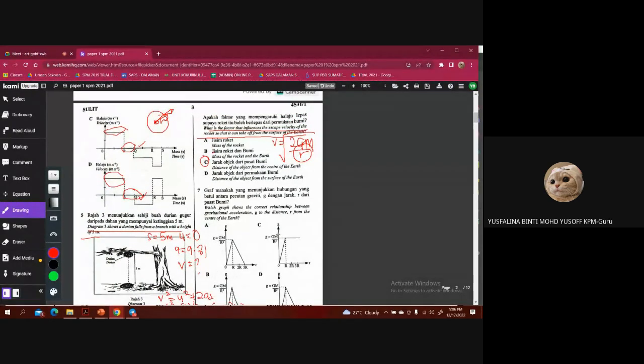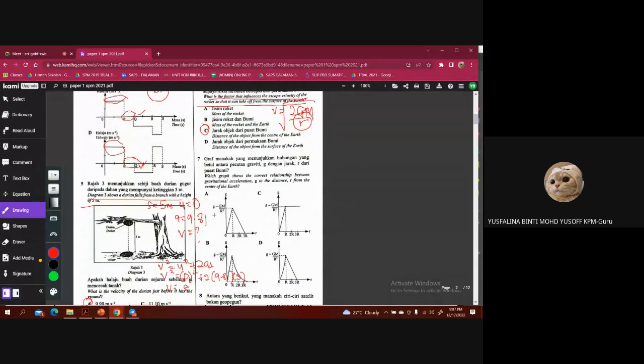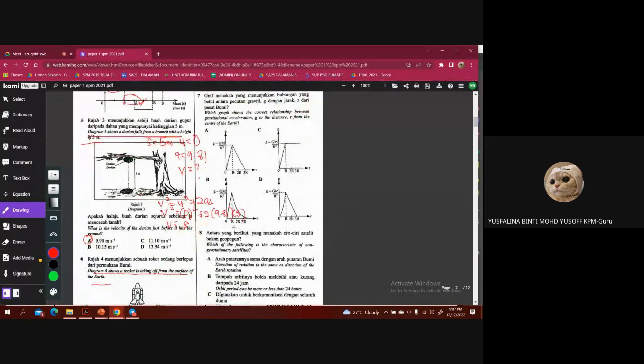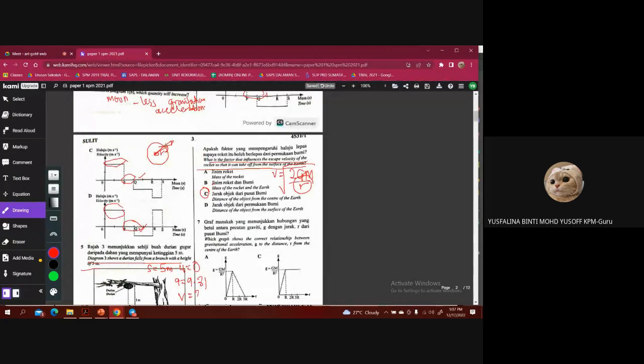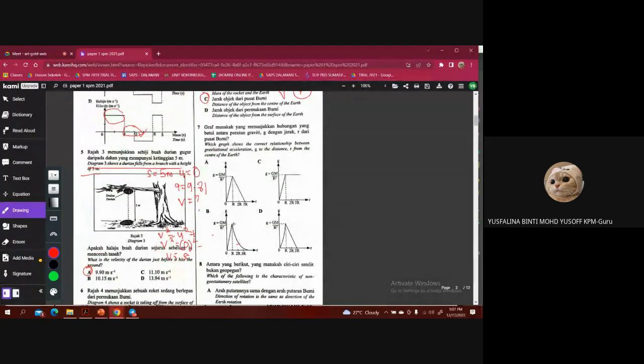But after it leaves the earth, the gravitational acceleration becomes decreasing. So that's why you get this kind of graph. Until r here, the gradient is increasing. So what is the value here?